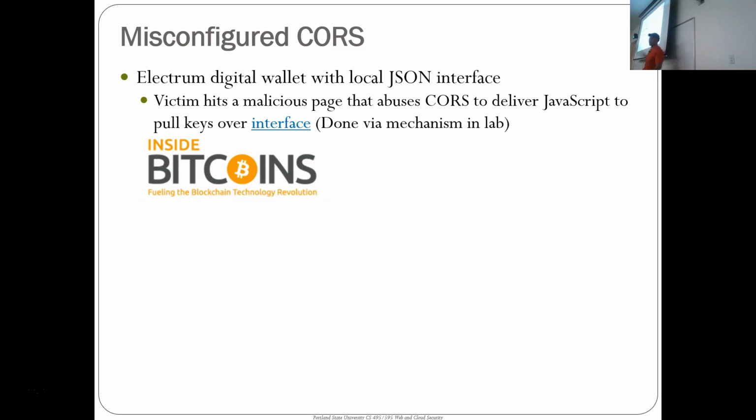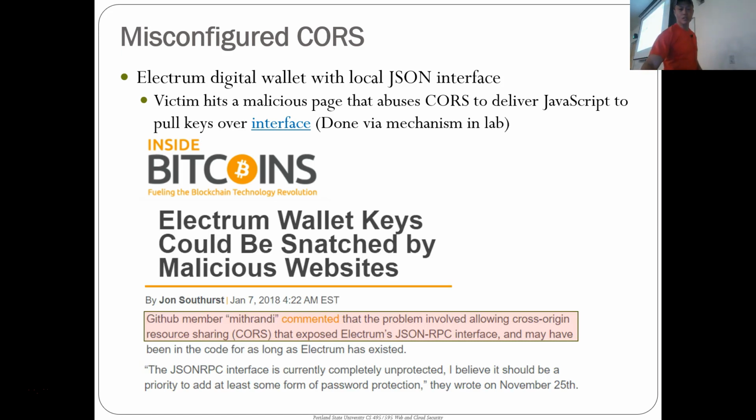That's what this thing was doing. And this was potentially allowing people to cough up the private keys of all of these wallets. So just to give you an example of misconfigured CORS being a thing. This happened a couple years ago.